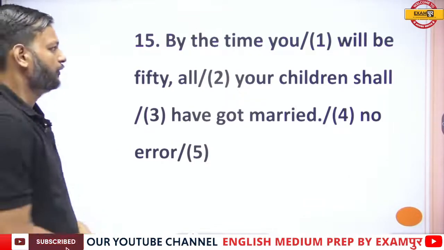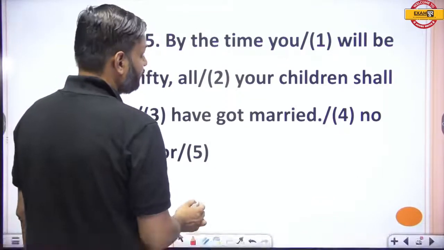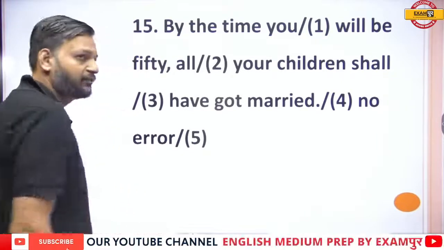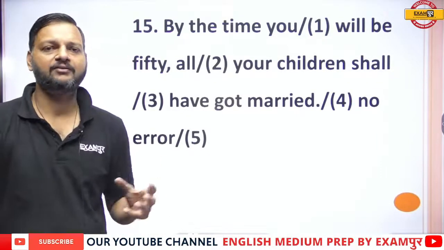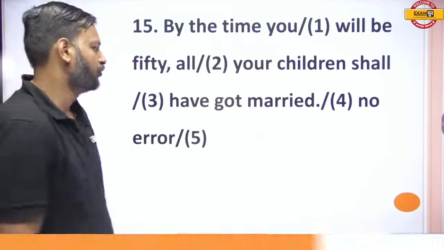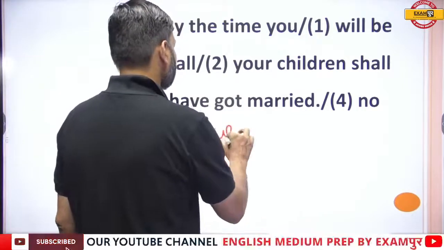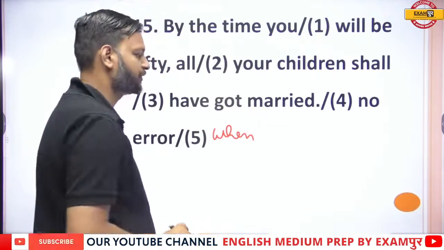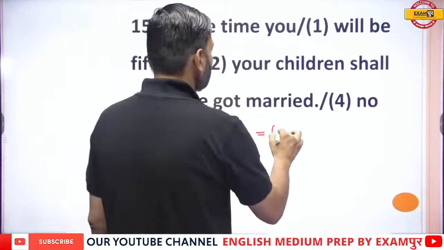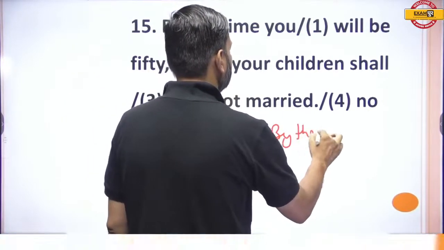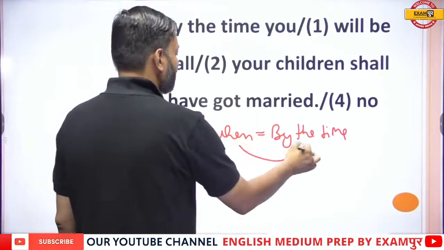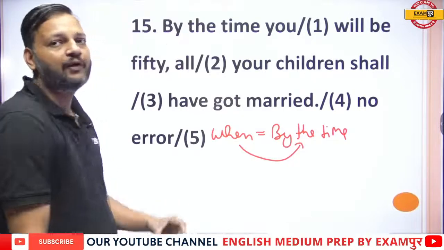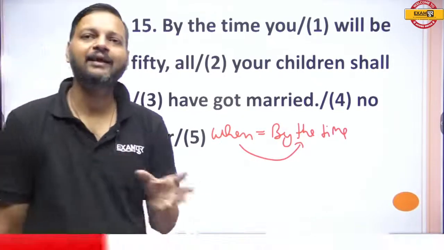Okay, so in the previous question, I told you that subordinate conjunction is never followed by future tense, that is will or shall. As we know that when is a subordinate conjunction, and when is equal to by the time. That means when or by the time are one and the same.